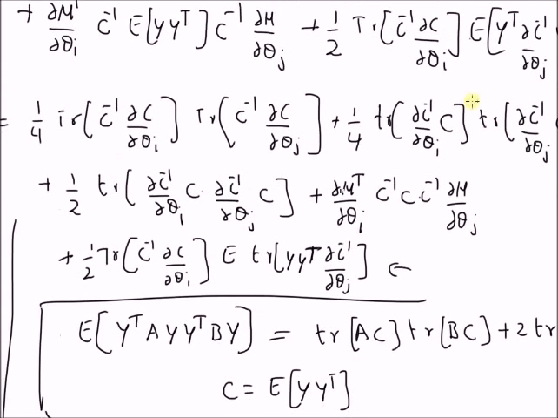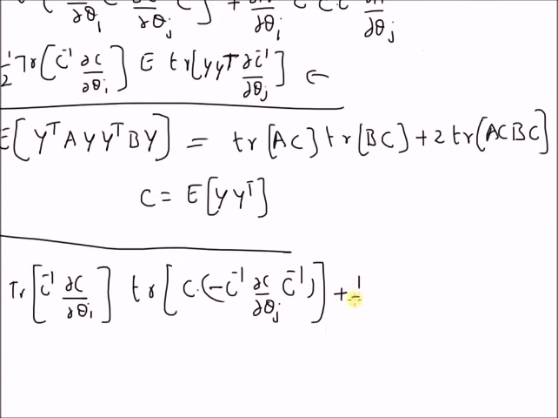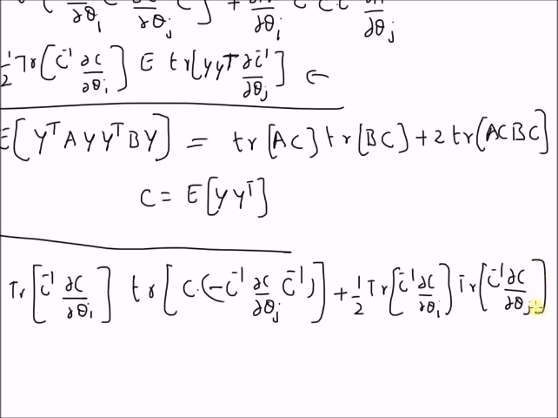And then by combining the first term with the second term, since they are actually same, we have plus 1 by 2 trace of C inverse derivative of C with respect to theta I multiplied by trace of C inverse derivative of C with respect to theta j.